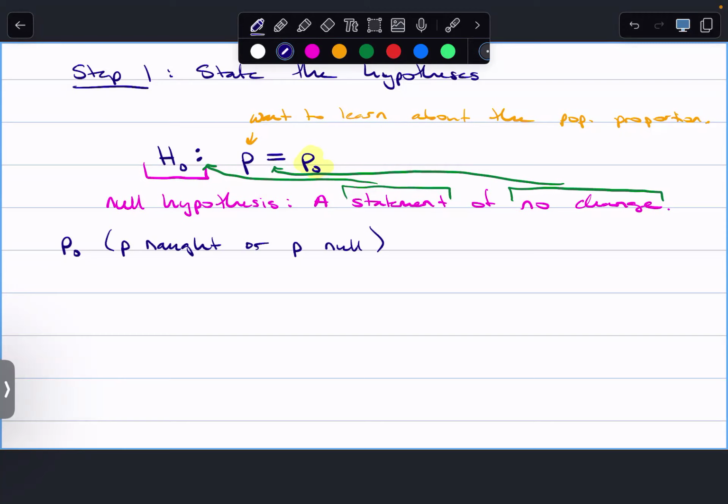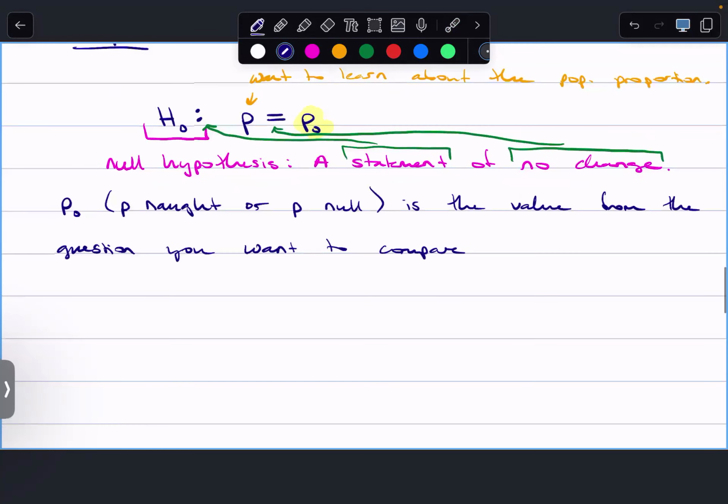And so it's going to be a value from the question. So depending on the question, you'll get your value there. And it's P naught because it's in the null hypothesis. And so P naught is the value from the question you want to compare your P hat to, your sample proportion to.